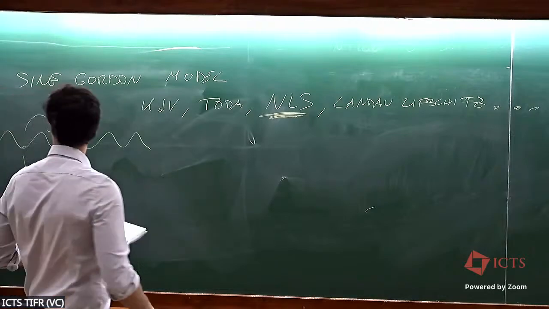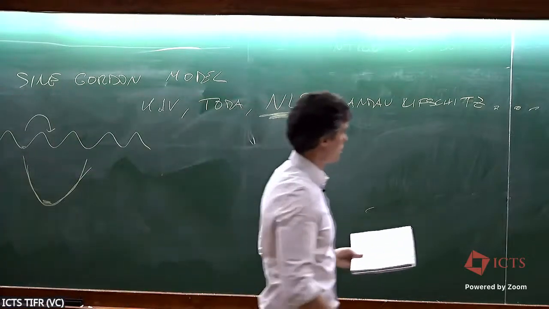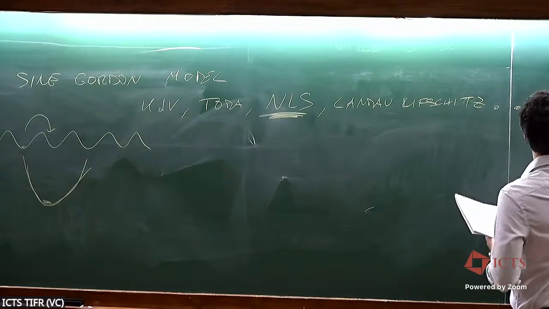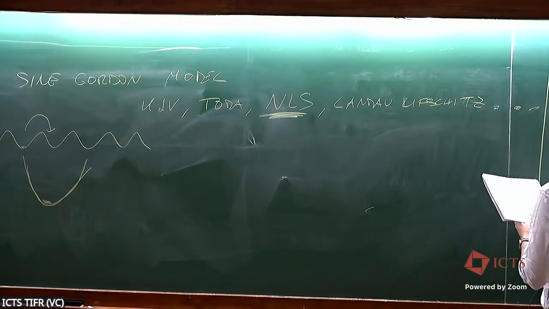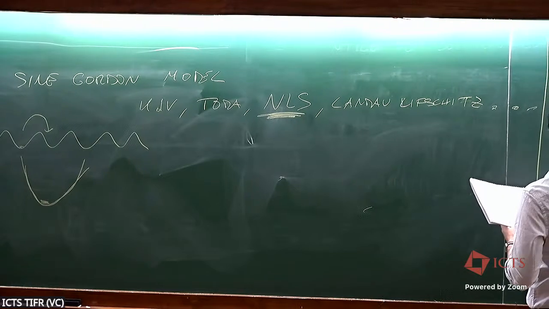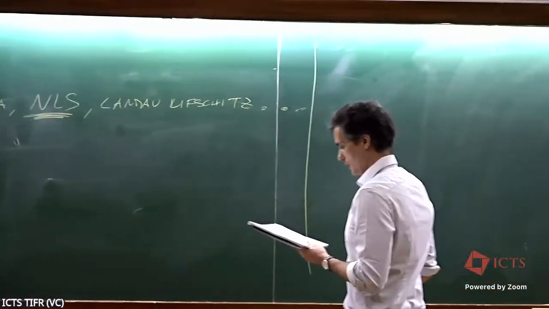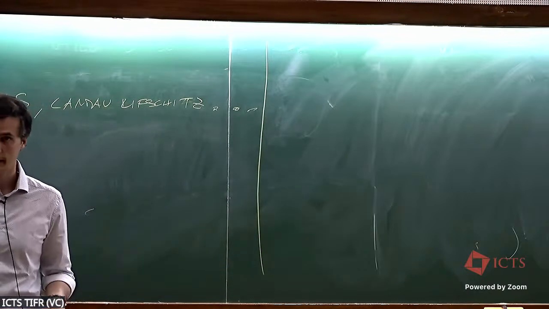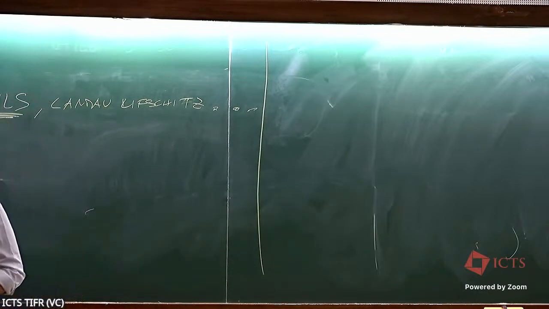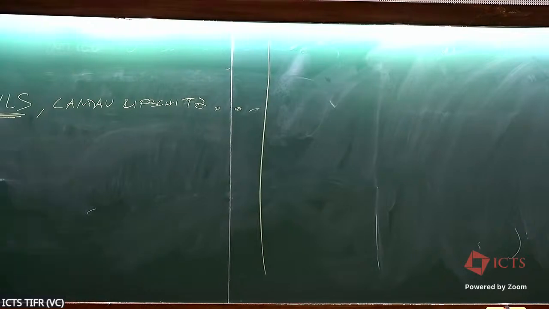So how does it work in Sine-Gordon? In general, for integrable PDEs, we already had many introductions of integrability, from the purely classical case, and from the quantum case, and the same ideas hold also in classical PDEs.